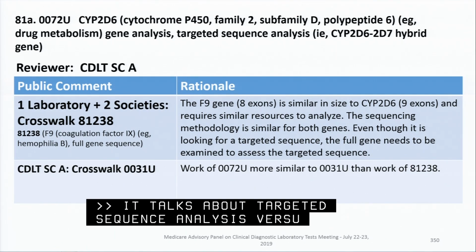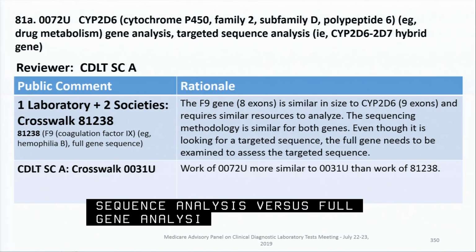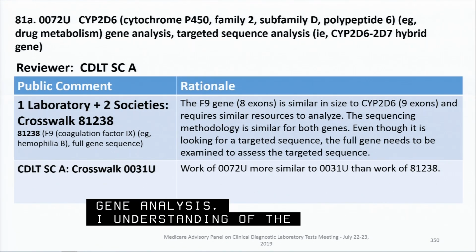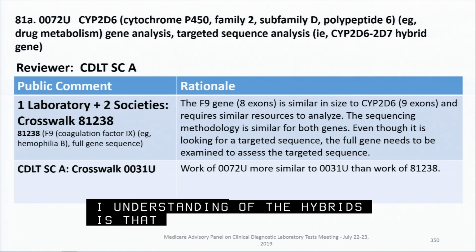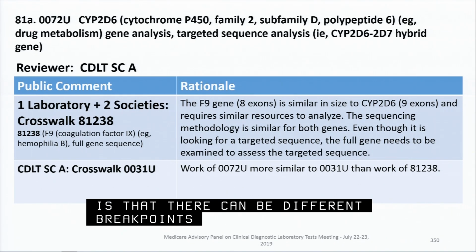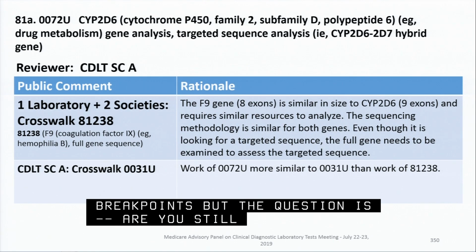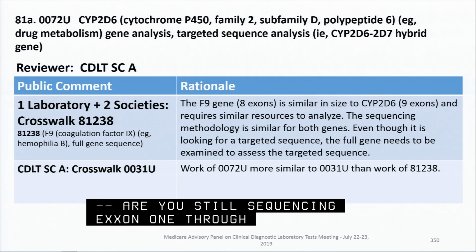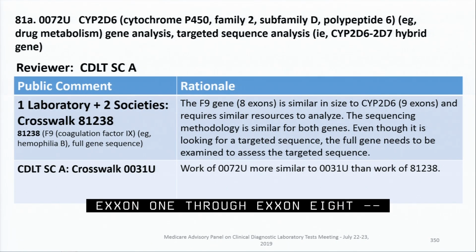My understanding of these hybrids is that there can be different breakpoints, but the question is, are you still sequencing exon 1 through exon 8, or for each one of these, are you sequencing exon 3 from 2D6 on, 3 through 7? So is it a full gene or targeted?